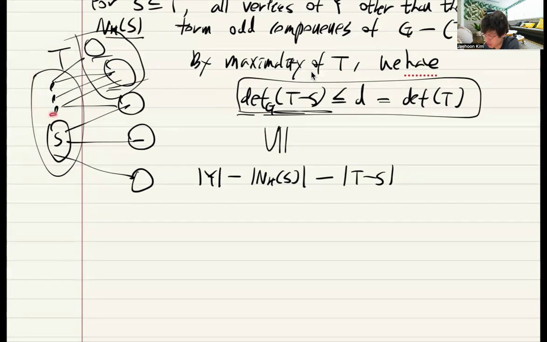The deficiency could be one larger if this is also an odd component, but this is certainly a lower bound. And this is at most D.